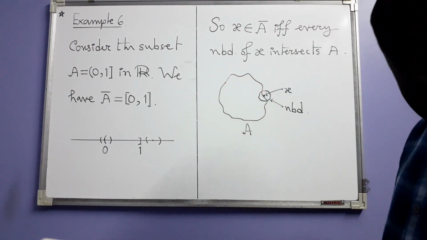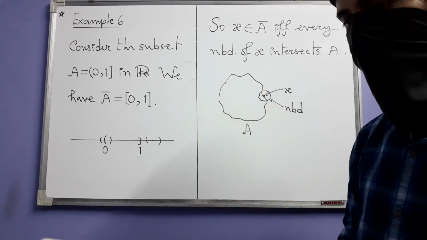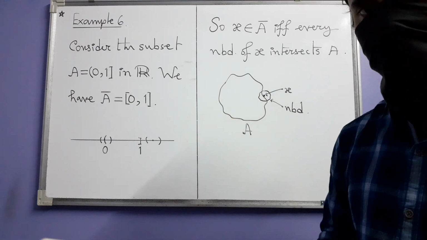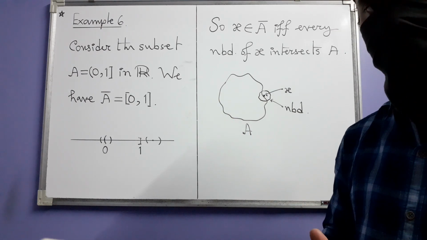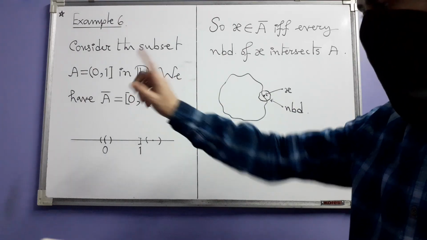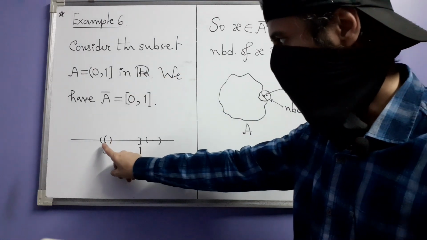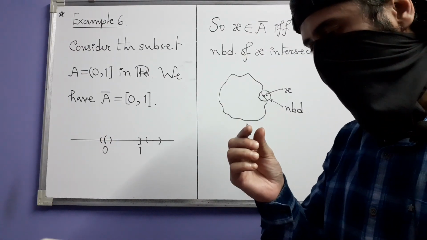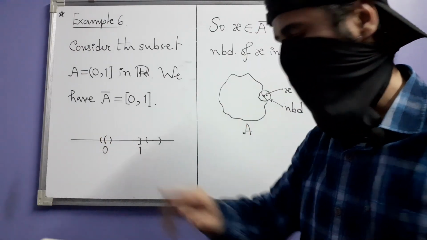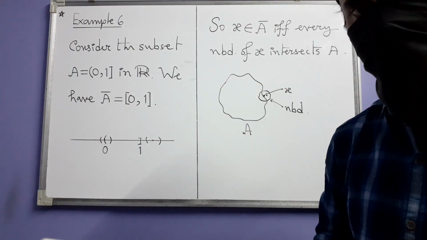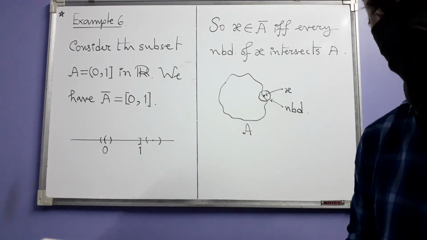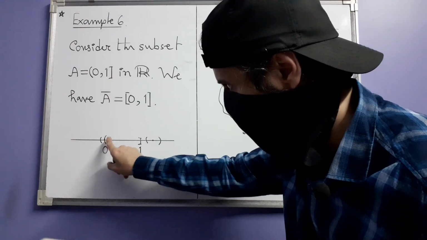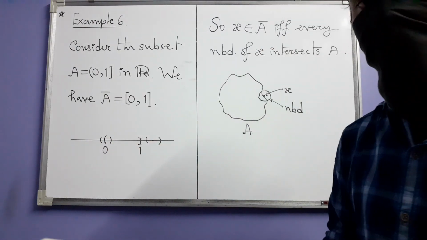By this result, 0 is in A bar because for every neighborhood of 0, there exists an intersection of that neighborhood with A. You can consider this neighborhood of 0, for example. No matter how small you choose this open set which contains 0, and that is why we are calling it a neighborhood of 0, there always is an intersection of that neighborhood and this interval.